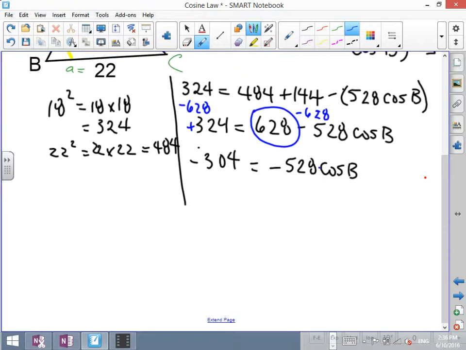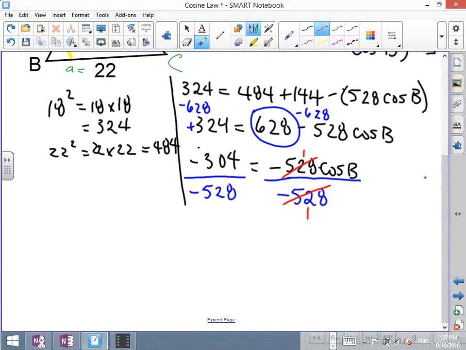Last but not least, you can appreciate that we have way too many cosine b's. In fact, we have 528 of them and minus 528. So to isolate the cosine of b, we'll have to divide both sides by the minus of 528. So that will allow for us to cancel or put 528 over 528 into lowest terms.